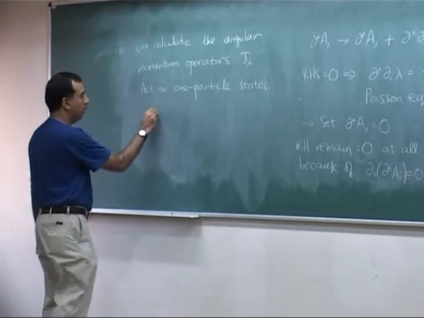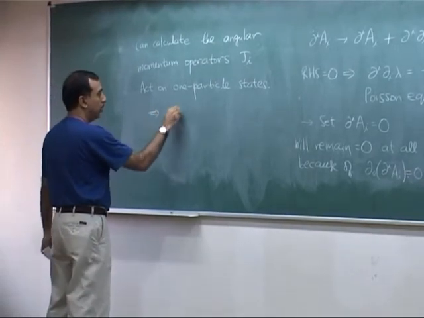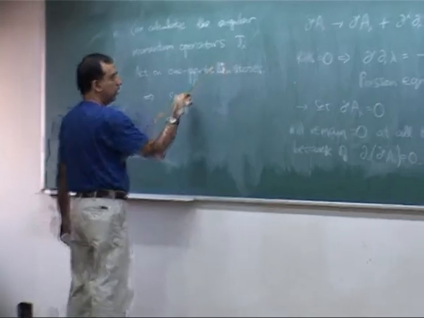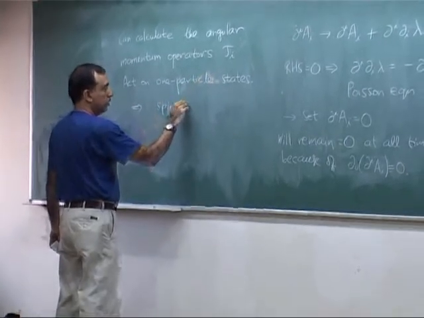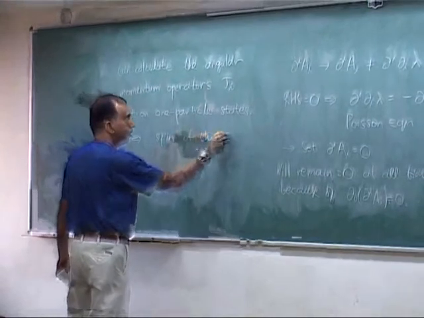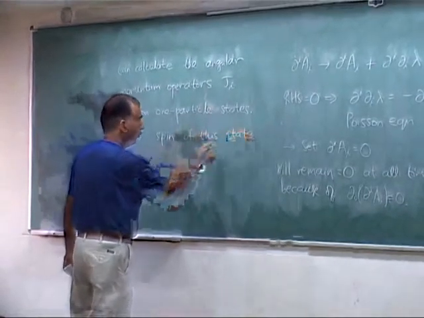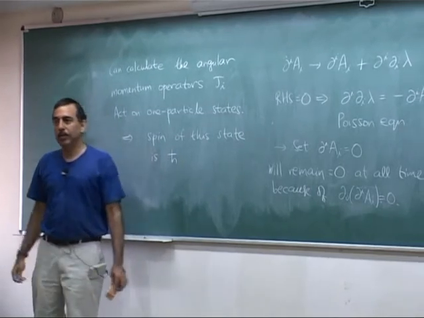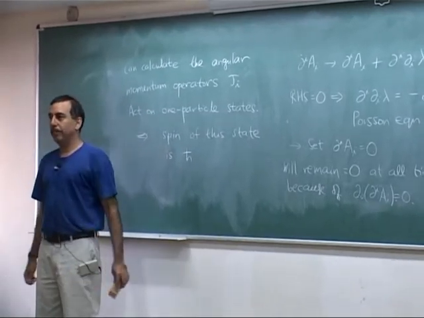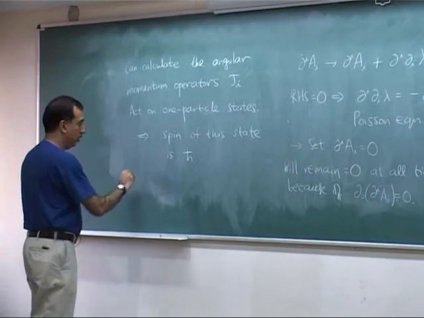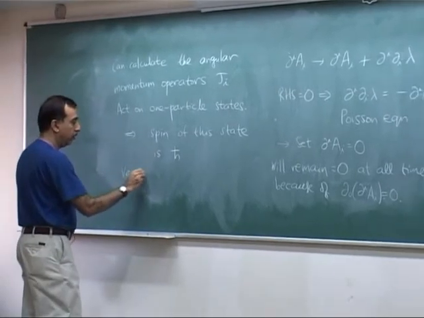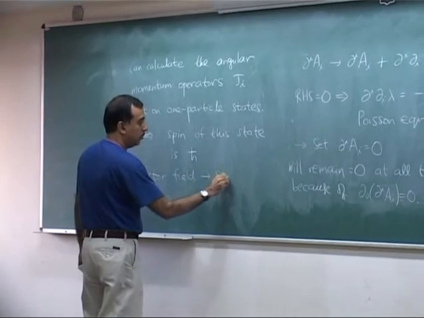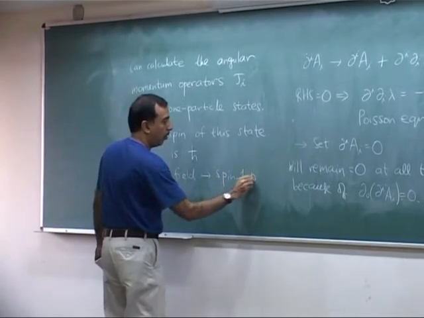And in fact you find that the spin of this state, calculated by J squared, is h bar. That is 1 in units of h bar. So we learn that the vector field describes a spin 1 particle.